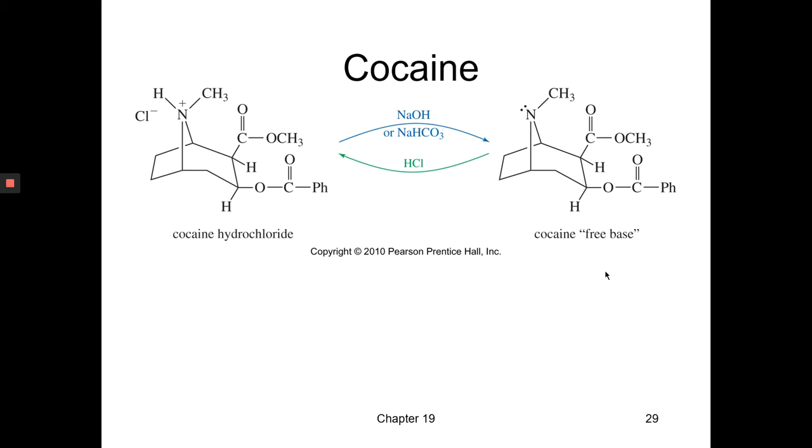Okay, here is cocaine, and cocaine contains a basic nitrogen. These two forms can be interconverted using HCl and NaOH or sodium bicarbonate, which is baking soda.